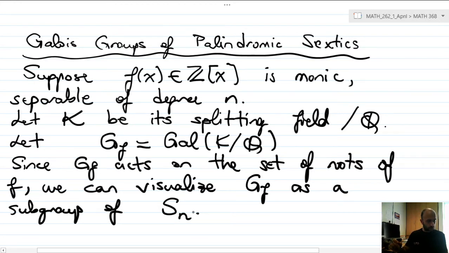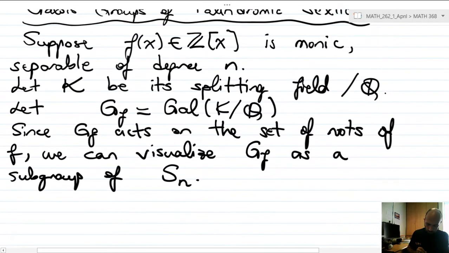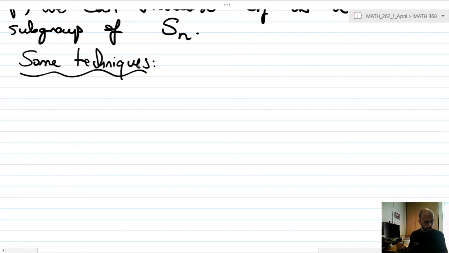But we already know some techniques for computing G_f. These were outlined in lecture notes of May 29th and June 5th. So let me go over some of these basic techniques, which were already discussed in the lecture notes.